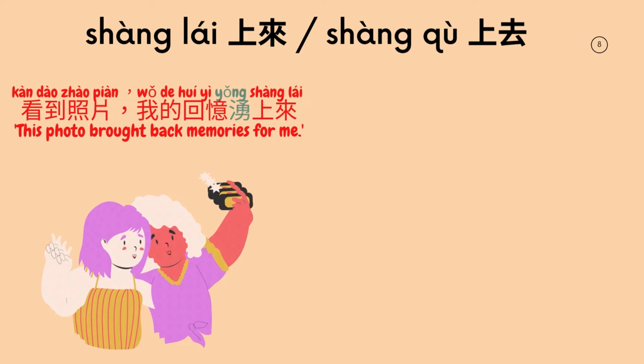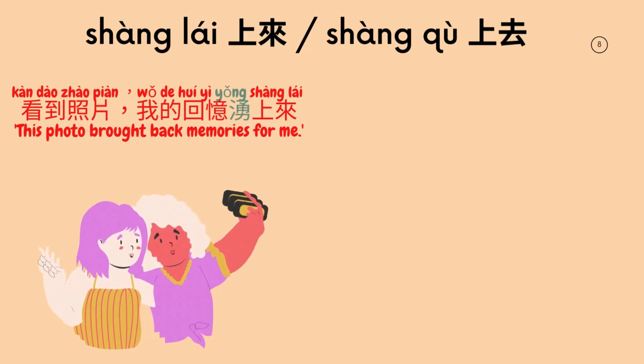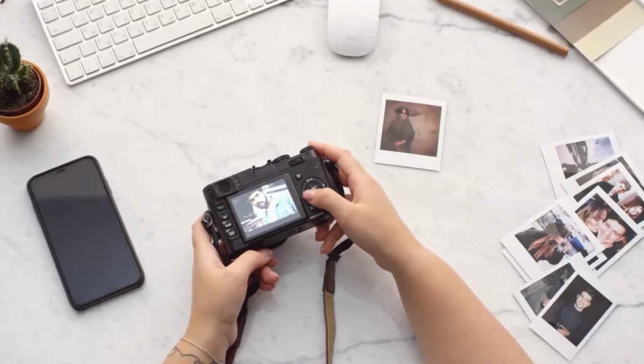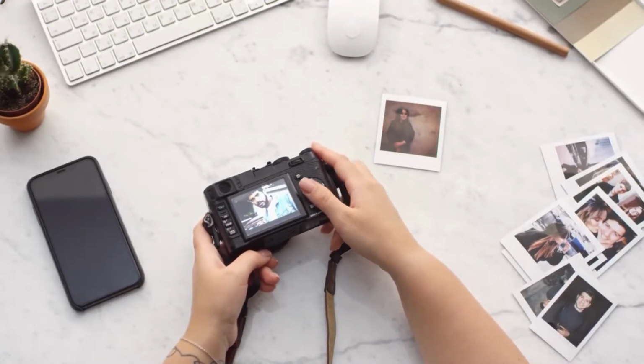The extended usage of 上来 is used when the speaker wishes to demonstrate that he or she has aroused a specific type of emotion. For example, 看到照片，我的回忆涌上来. This photo brought back memories for me.